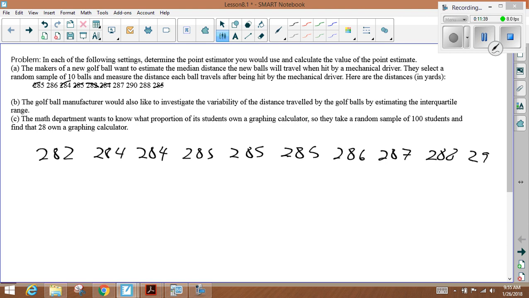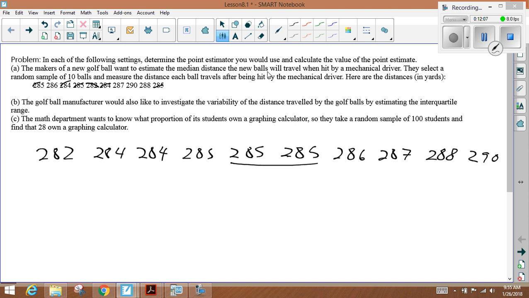That's 290. All right. Now we can do it. 285 in the middle. So this is our middle. So 285, because 285 times 2 divided by 2 is 285.